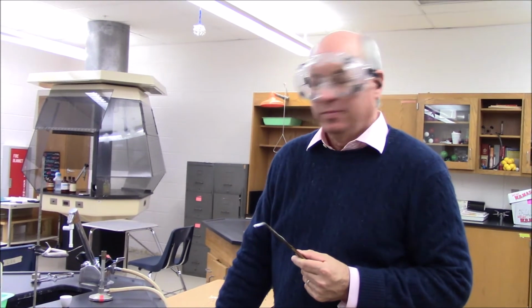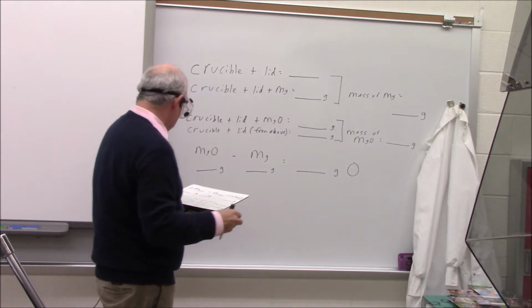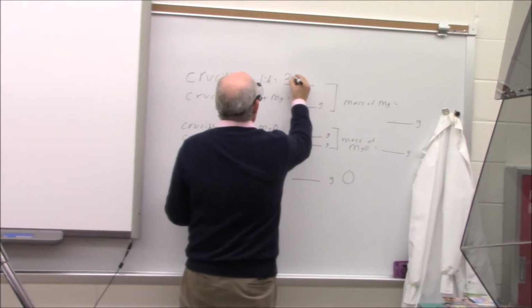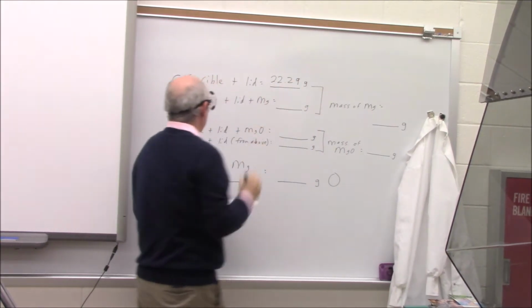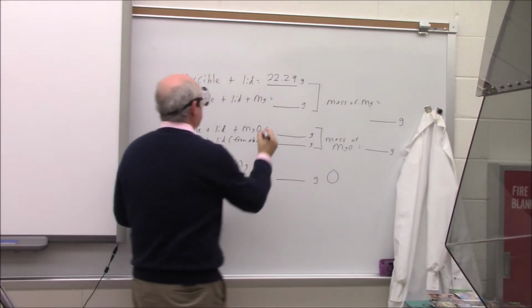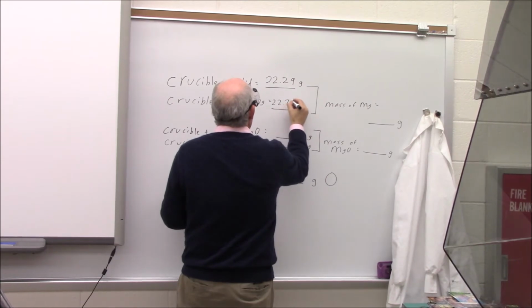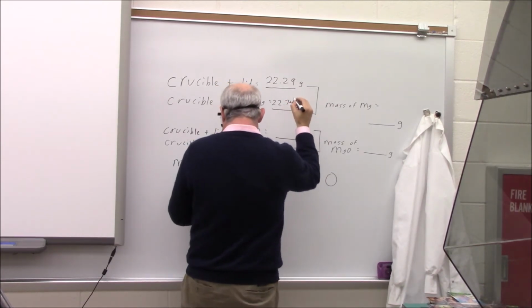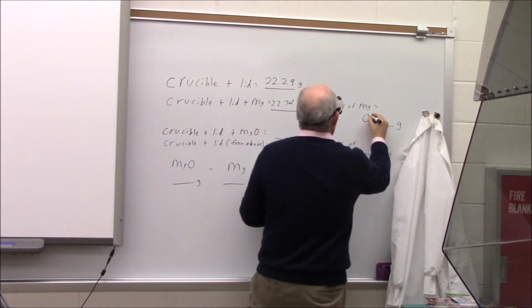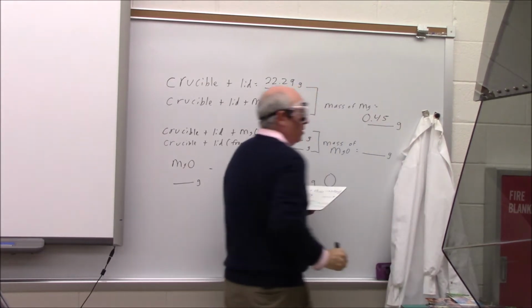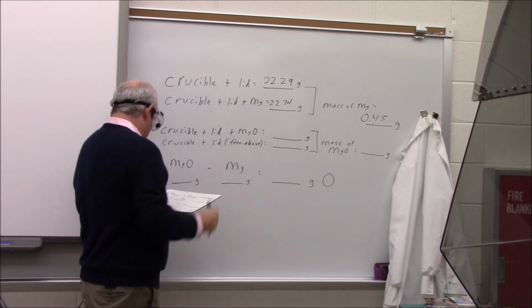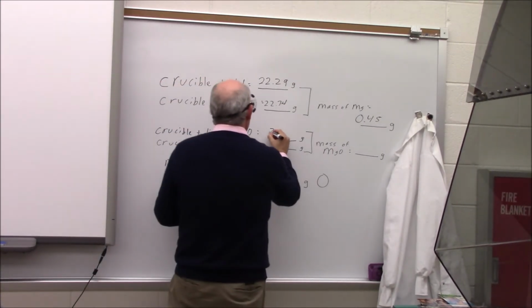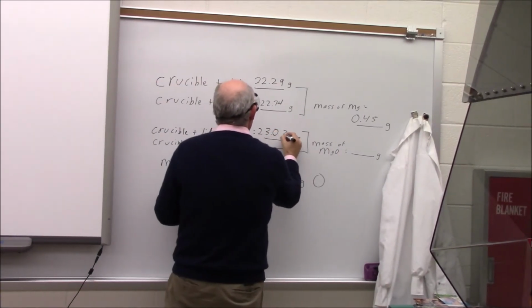We're going to just transfer our data up here. The crucible and lid was 22.29 grams. The crucible and lid with the magnesium was 22.74 grams, which means the magnesium alone was 0.45 grams. The final product with the crucible and lid was 23.03 grams.